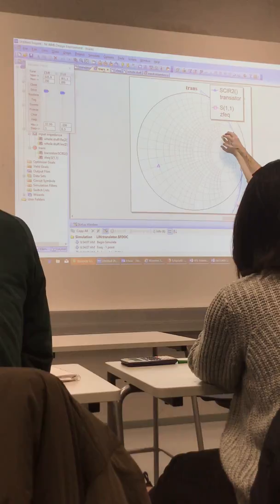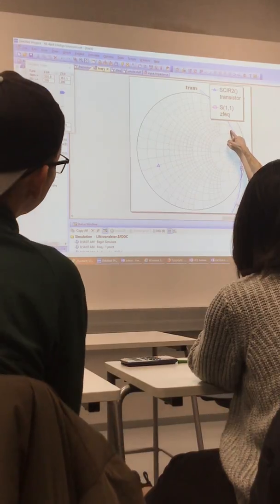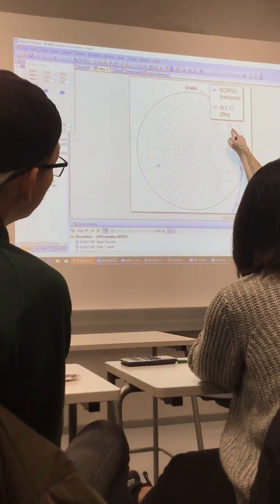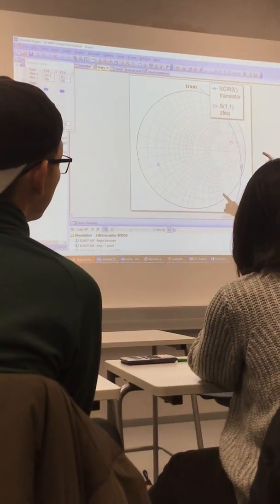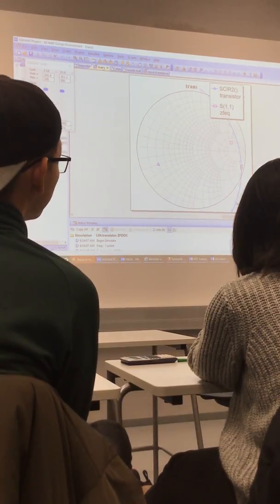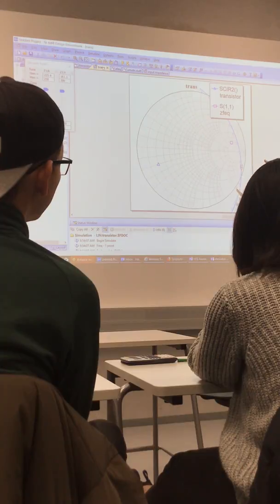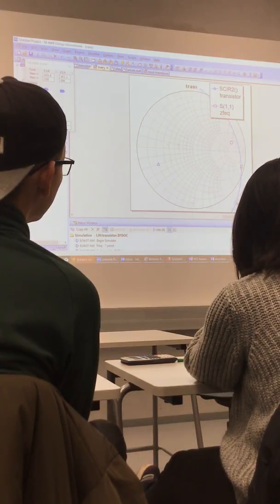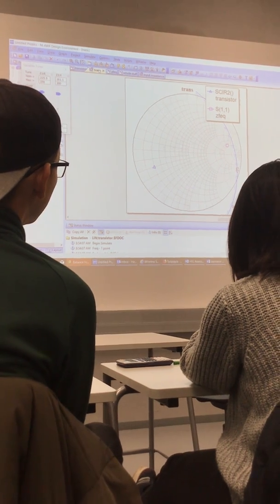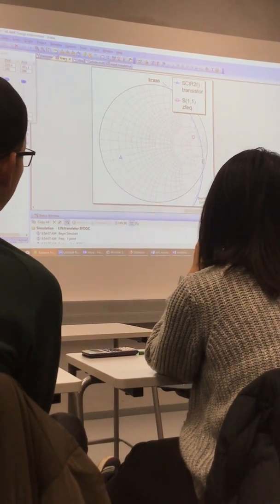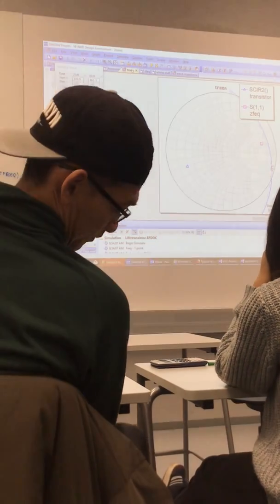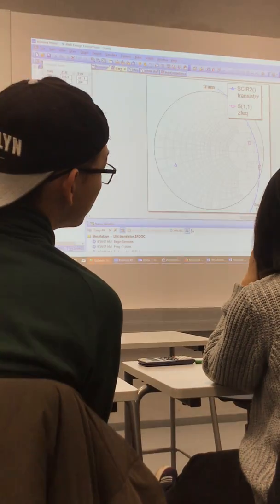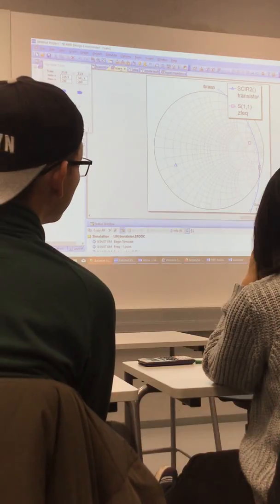When you approach the edge of the stability circle, it becomes very negative. Negative, negative, really negative, then positive. So when you approach this area, it goes negative, negative, negative, until suddenly it becomes positive when you cross the side. So, the closer you are to the edge of the stability circle, usually the more negative the real part of the input impedance gets.